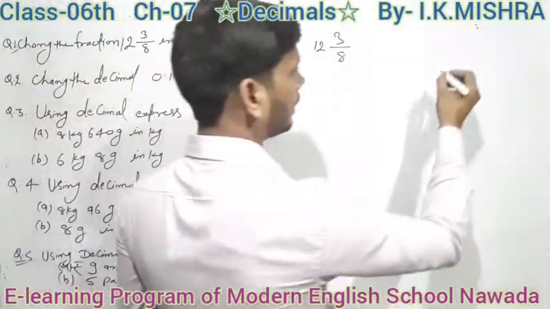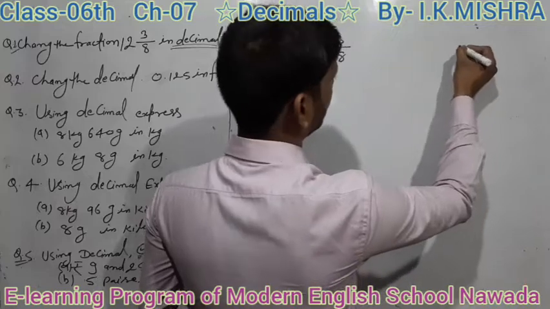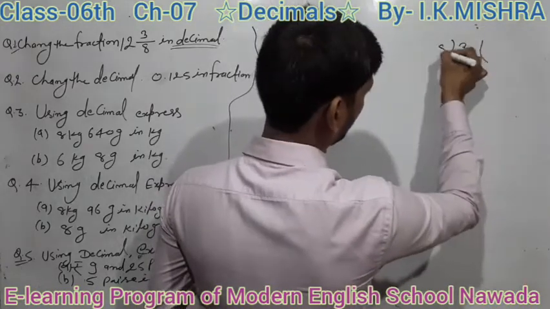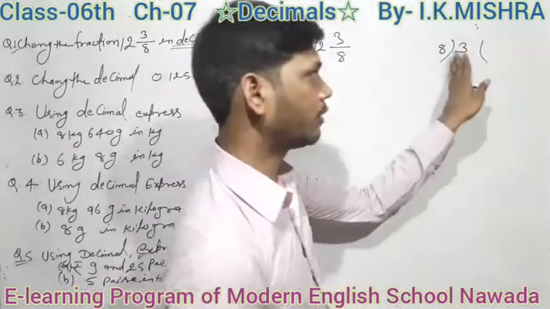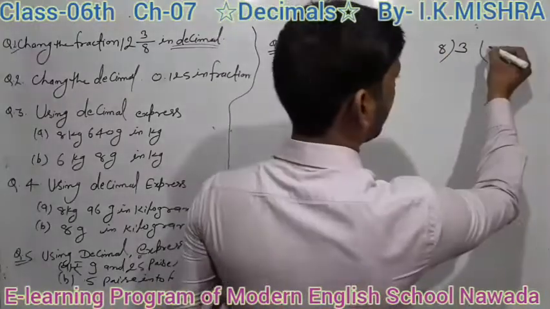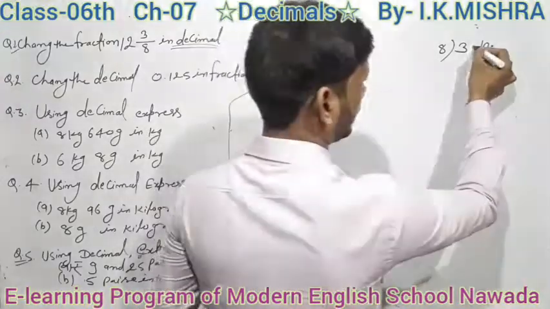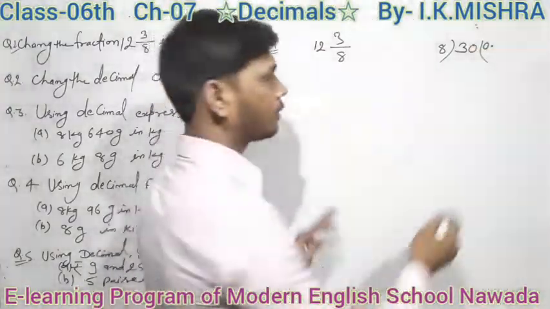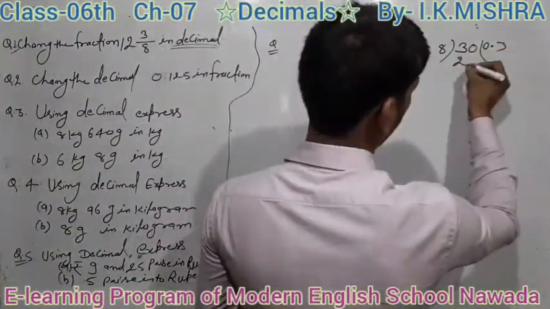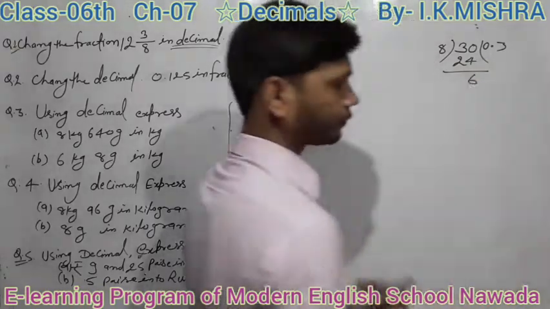So students, first of all divide 3 by 8. Students, 3 is not divisible by 8, so give a point and use 0 before the point, and give a 0 here. 8 times 3 is 24, here 6.